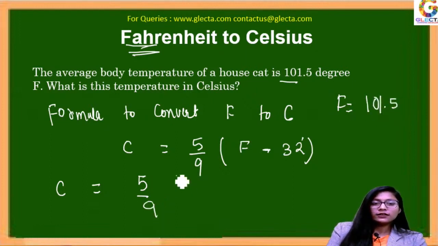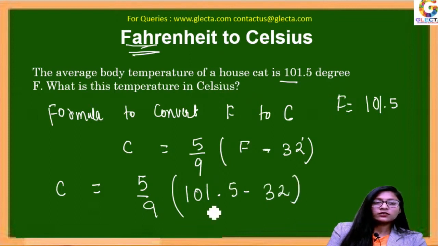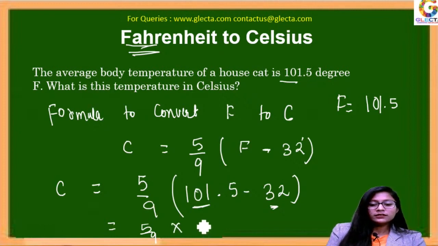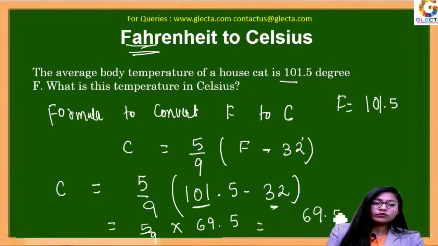Write the value of Fahrenheit in place of F and subtract 32 from 101.5, and you will get 69.5. Then multiply 69.5 by 5 divided by 9.